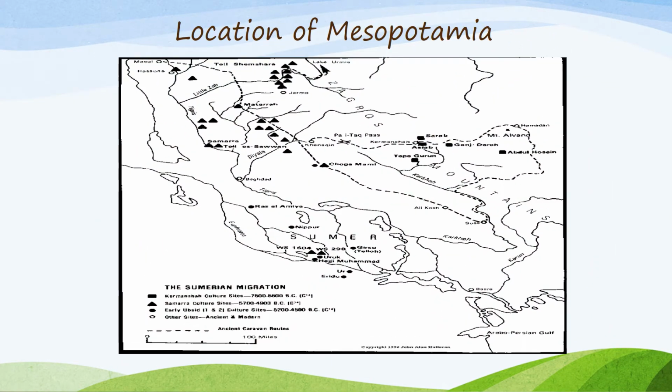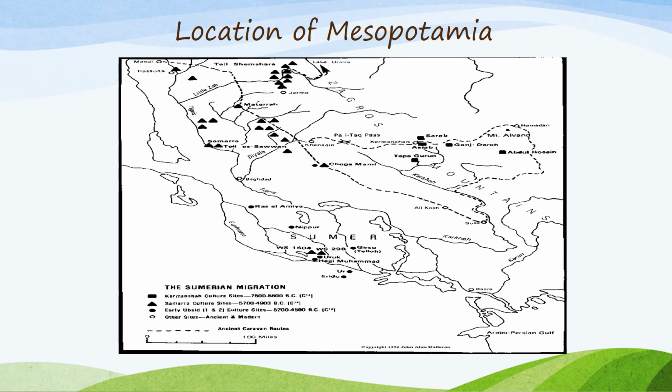Here we have a map of Mesopotamia. Mesopotamia was situated between the Tigris and Euphrates rivers. The area was comprised of the northern and southern vicinities. The northern part of Mesopotamia was made up of hills and plains, while the southern part was composed of flat and barren lands.